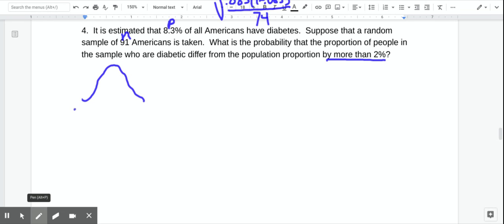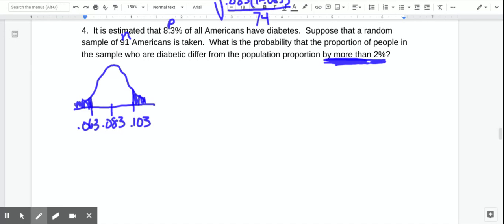So similar problem. Here's our 0.083. And we want to differ by 2%. So we're going to go 2% above that, which is 0.103, and 2% below that, which is 0.063. And we want to know the probability it differs by more than that. So we want to go outside of this region. Okay, so that's what we're looking for.